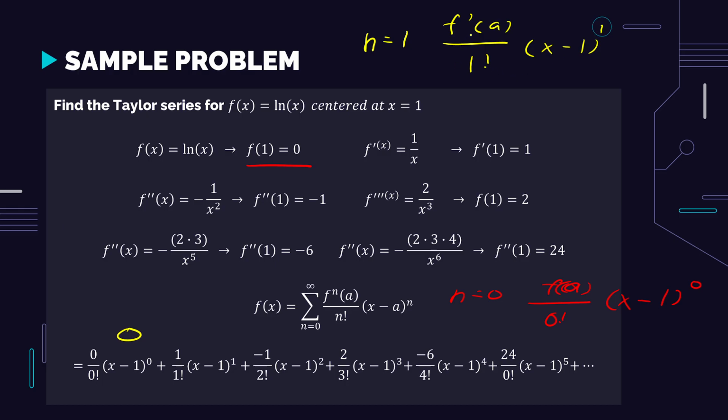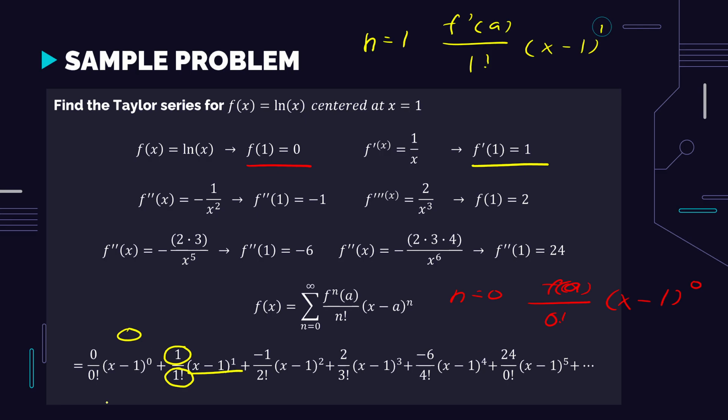Our f prime of a is this one, so plug it into our formula: we have 1 over 1 factorial times the quantity x minus 1 raised to 1. Just plug it in and continue.